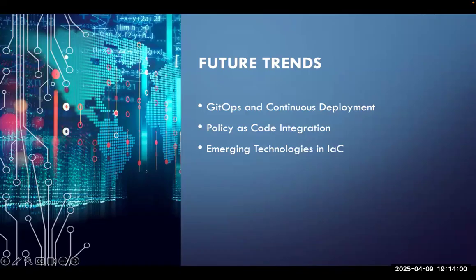GitOps, a methodology where infrastructure changes are managed through Git repositories, is becoming increasingly popular. This approach ensures that infrastructure is deployed using the same version control and review process as application code, improving visibility and collaboration. Policy as code is another emerging trend where compliance and security policies are written as code and automatically enforced.